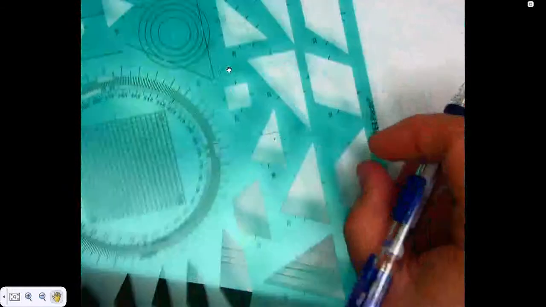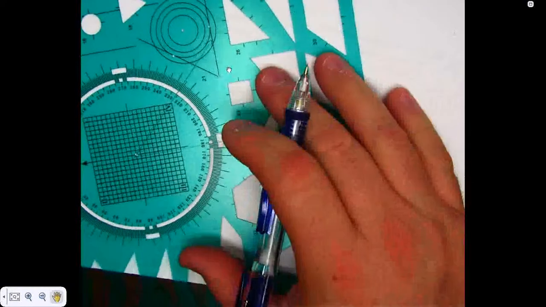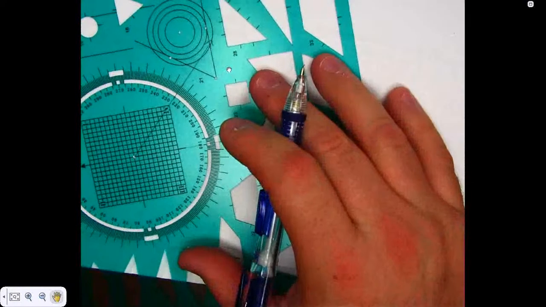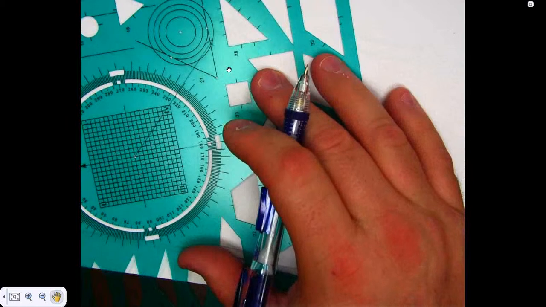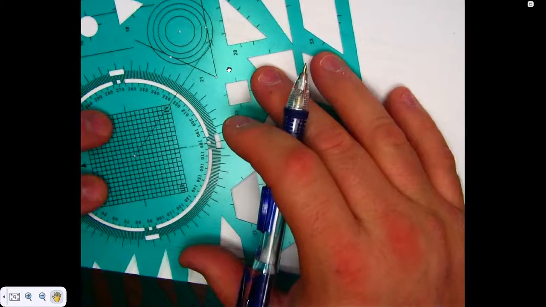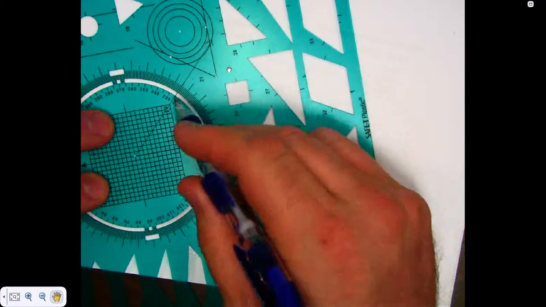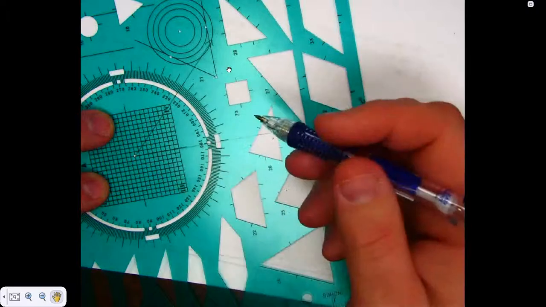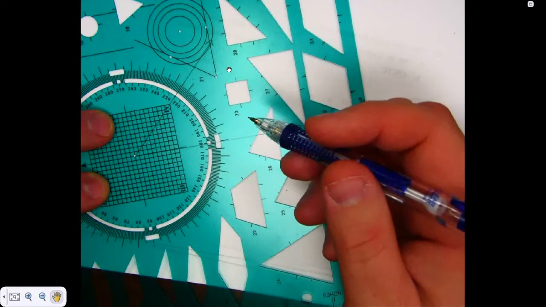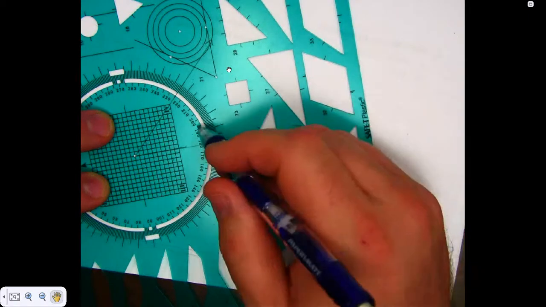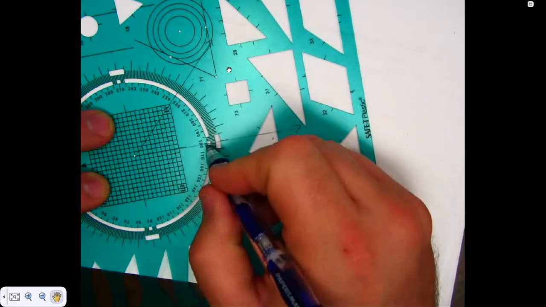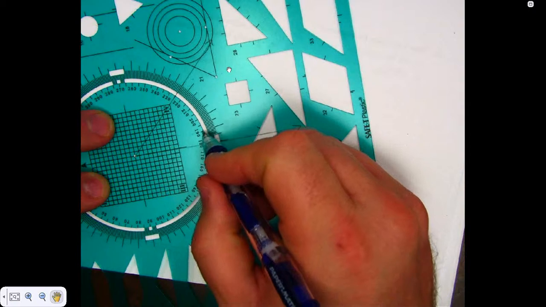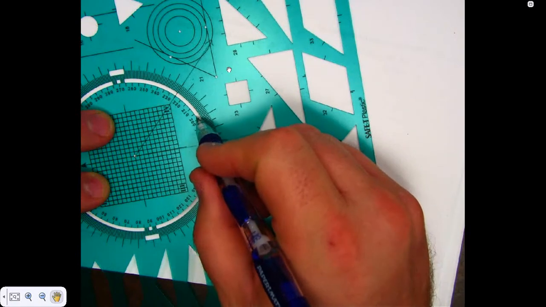Something interesting happens with angle bisectors too. Let's see how big our angle here is? Hits that 5, so 225 minus 180, that's 45. So that means we need to go 10, 20, so about right there.